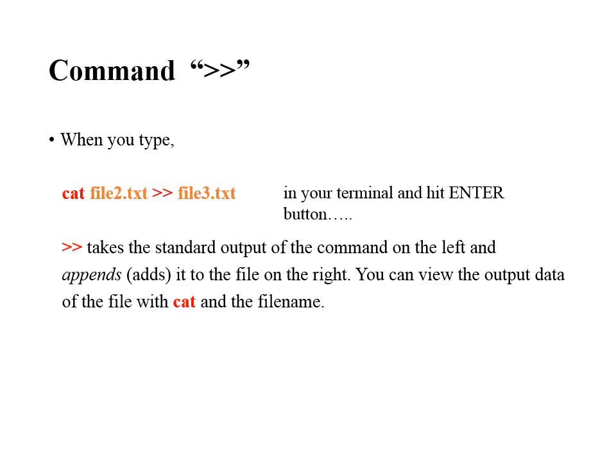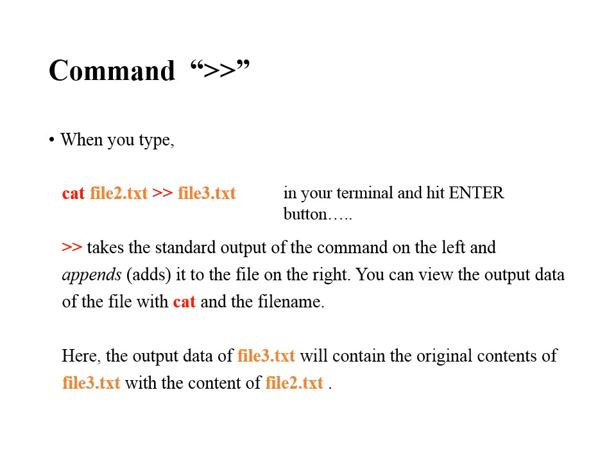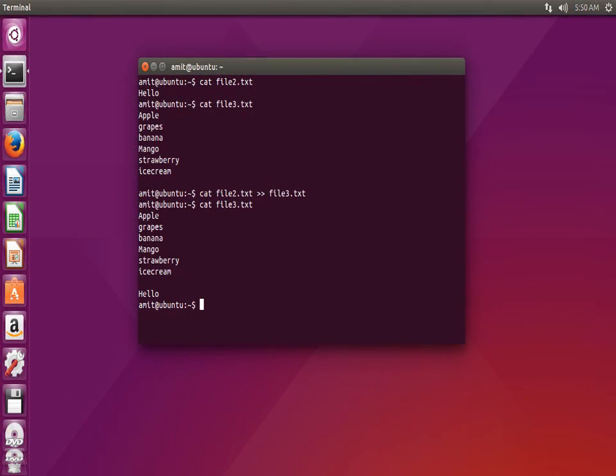You can view the output data of the file with cat and the file name. Here, the output data of file3.txt will contain the original contents of file3.txt with the content of file2.txt. As shown in the picture.